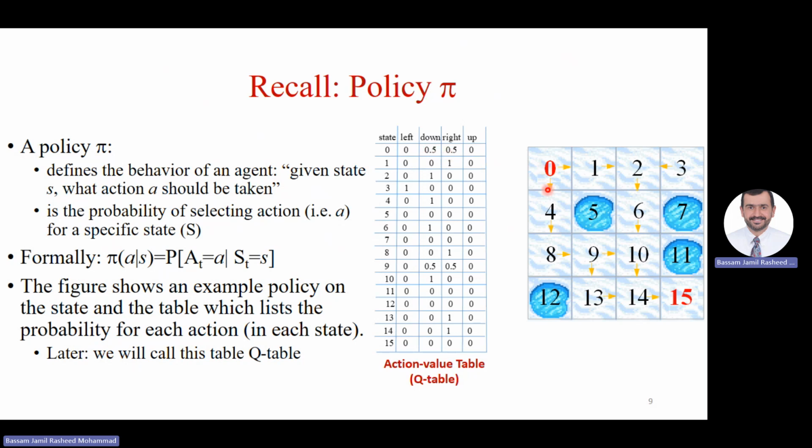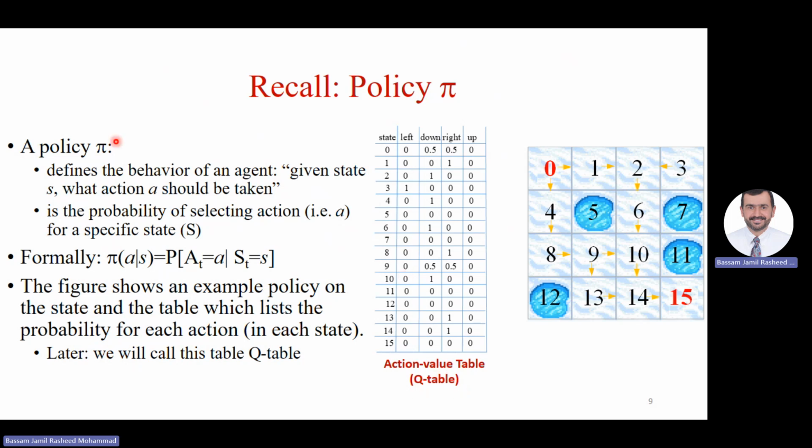So I can go down or I can go right here. I have a choice because they are equal. If right, for example, has a value of 0.9, it means I have no choice. If I'm looking for the optimum policy, I have to go to the right. But in this case, they are equal values. So this table, we refer to it as the action value table, or the Q table in the Q learning algorithm.